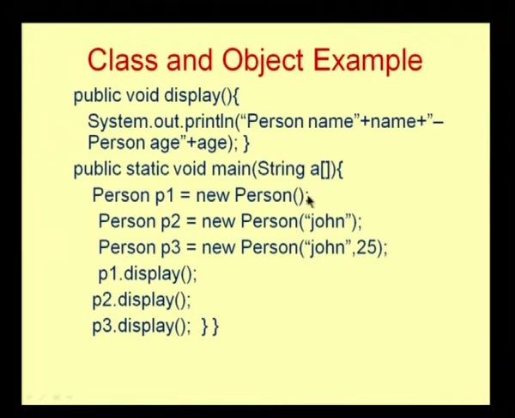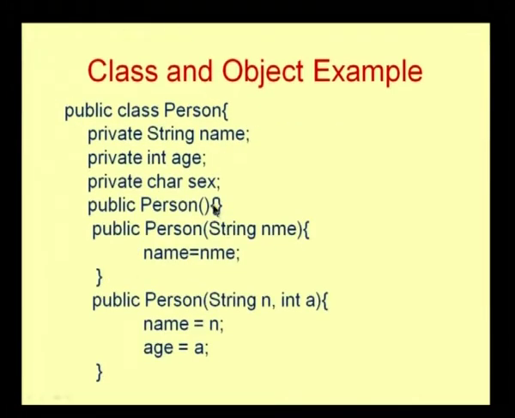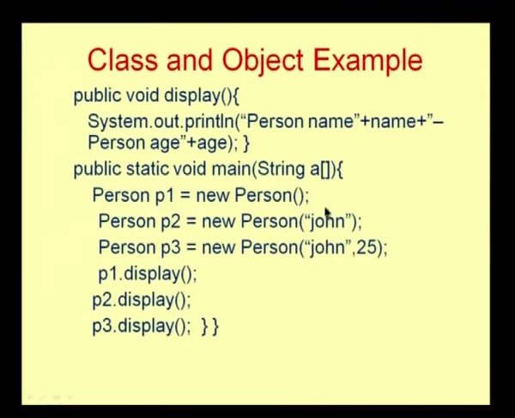In the first case we have not written any implementation for initialization, though constructor is for initialization anyway. We have not initialized any values here, whereas in the other two constructors we have given the name as John.